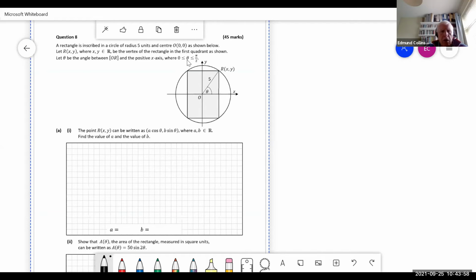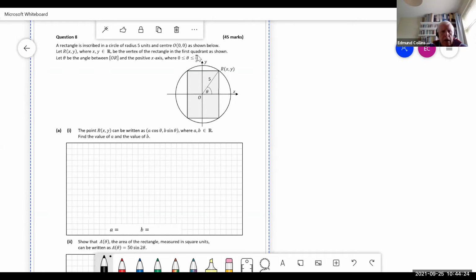You should be able to read it like with the English here. Sometimes I like to read it this way, looking at the theta, the greater than here, and then the less than here. So basically what we're saying is that theta's in the first quadrant, less than 90 degrees.